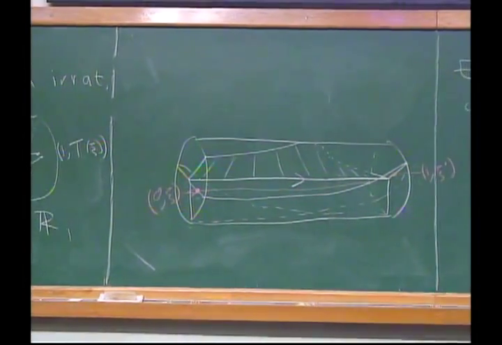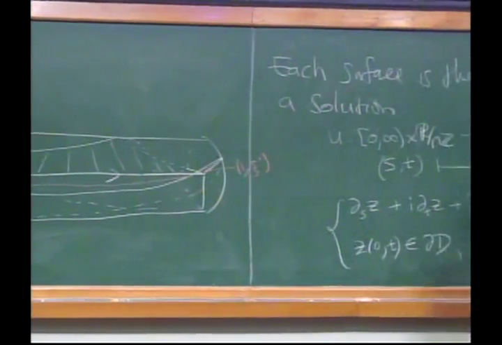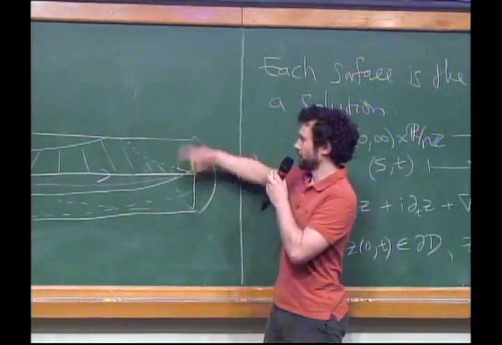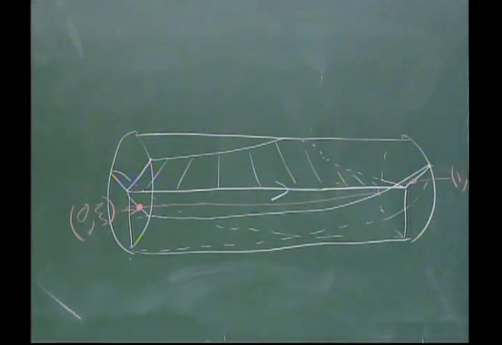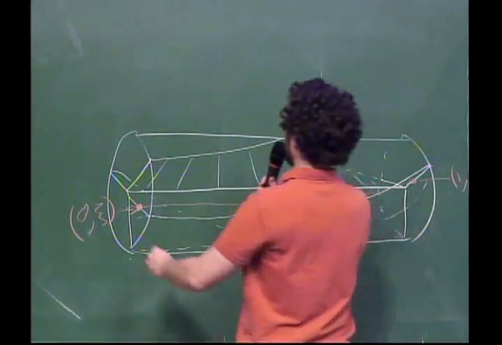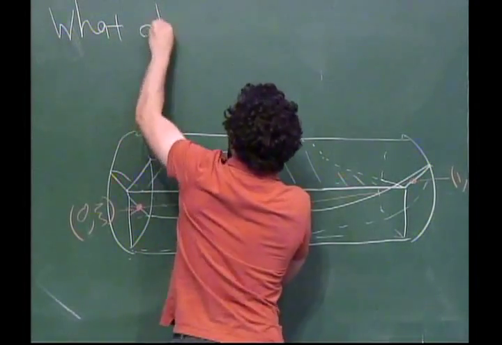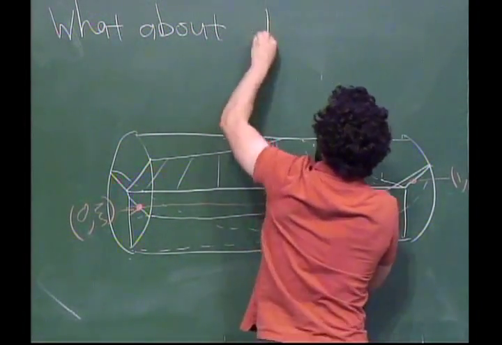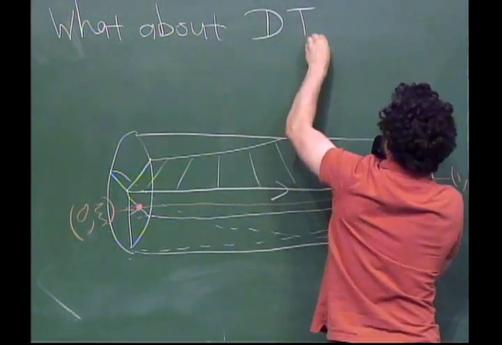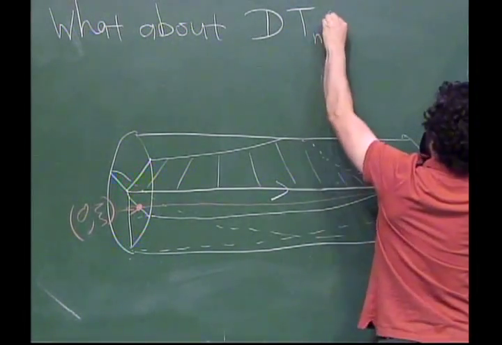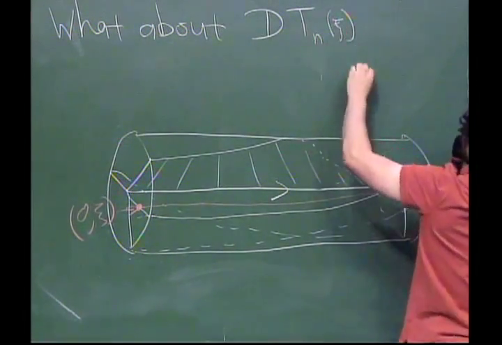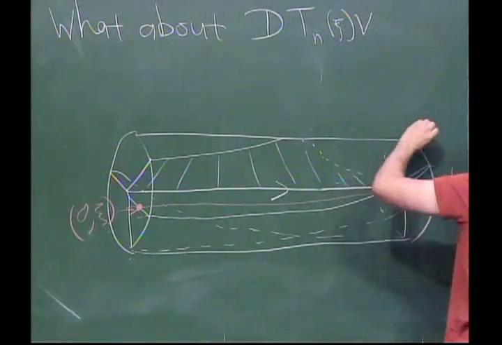Of course, for this to work, I should have said more. You have to make sure the leaves winding around on the boundary, you have to choose the right integers, k and n and so on. But what about the differential of, say, the nth approximation map at a point z in the direction of some vector v?